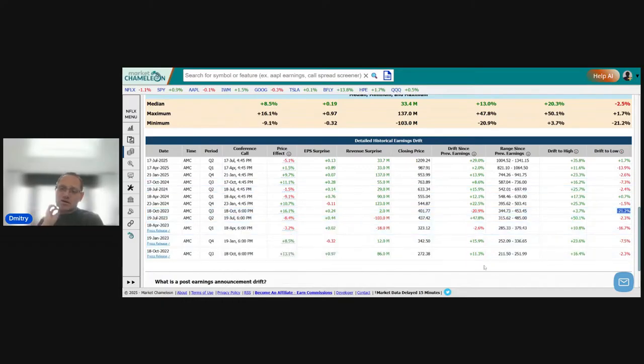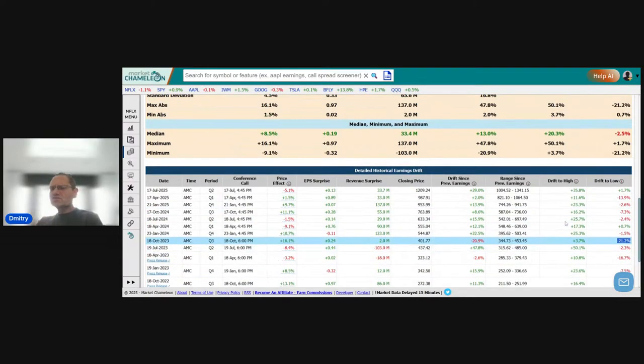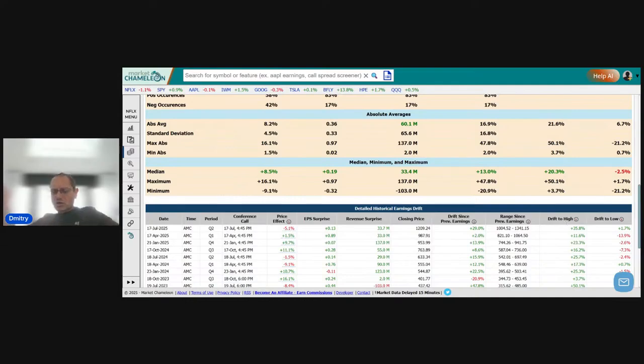Okay, so this gives us a sense of the historical extreme moves to the high and to the low, which looks pretty large. Netflix could move a lot even without any earnings announcements in between. We could see that it's been up as much as 50%.